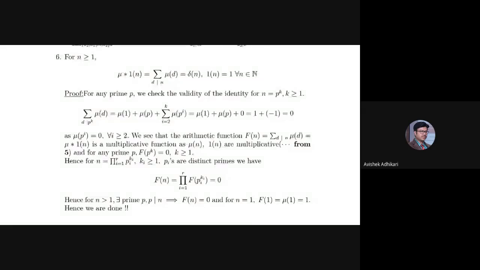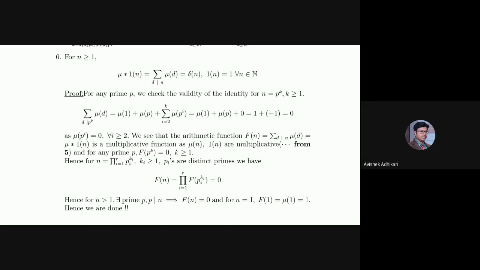For this, the proof is pretty obvious, because the summation over d dividing p^k of mu(d) can be written as mu(1) plus mu(p) plus the sum for i equal to 2 to k of mu(p^i). And we know that for p square onwards, p square, p cube, p power 4, mu of these values are 0, because p square divides all of them.